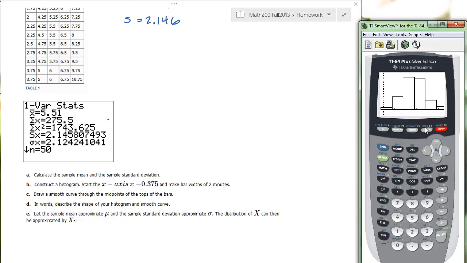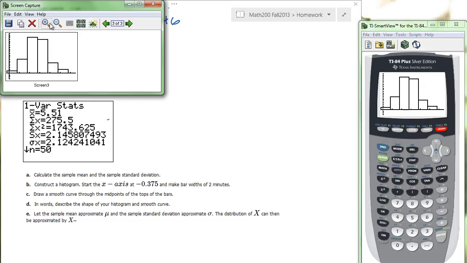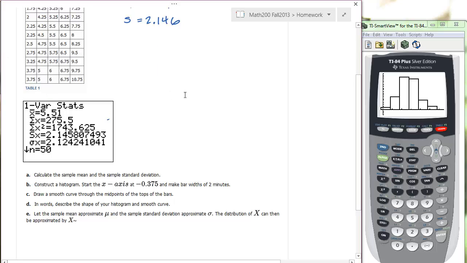Looks like our x didn't go quite all the way to a little bit past 11, so let's adjust that also. Let's take a look at x max, and instead of going 11, maybe just go all the way up to 13 just to be safe. Okay, so this is our distribution, or this is our histogram.